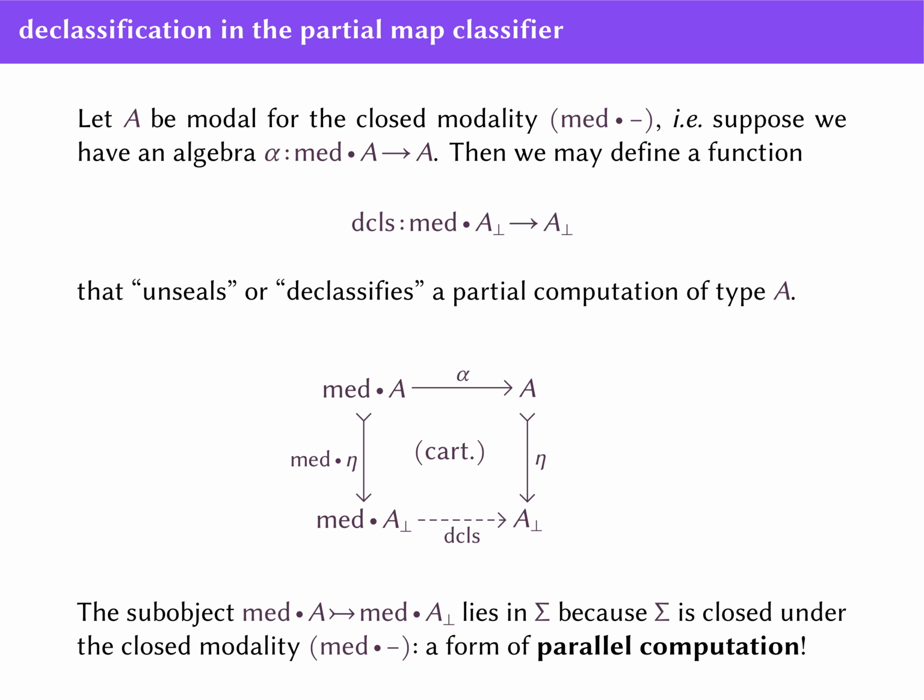For high-security clients, the behavior of the declassification of a sealed partial element is the same as the underlying partial element. But for low-security clients, the declassified partial element always converges, regardless of whether the original converged. From an operational or dynamical perspective, the declassification operation can be seen to be a form of parallel computation.